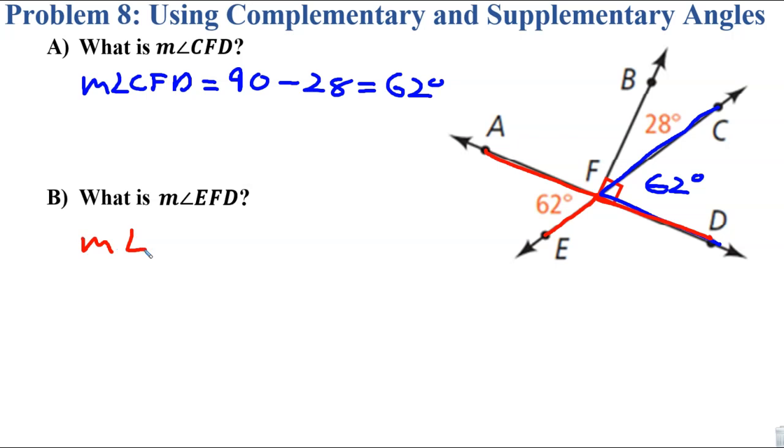So for the measure of angle EFD, we'll just take 180 minus 62. Notice I could do that with the angle AFE, which is 62 on the left, or the CFD, which is 62 on the right. Either way it'd work. When I go 180 minus 62, that's going to give me 118 degrees, the supplement for either the AFE or CFD.